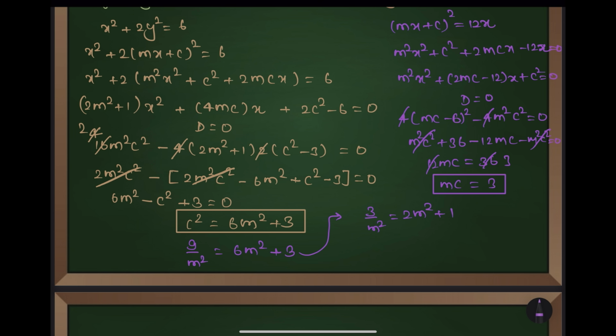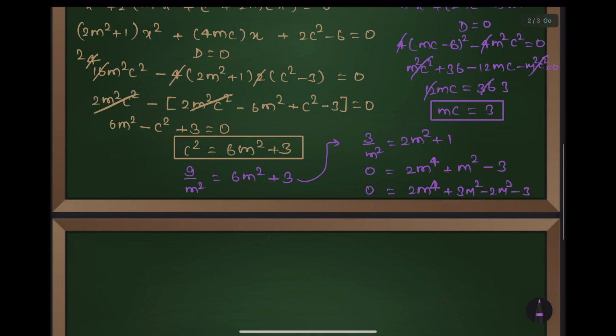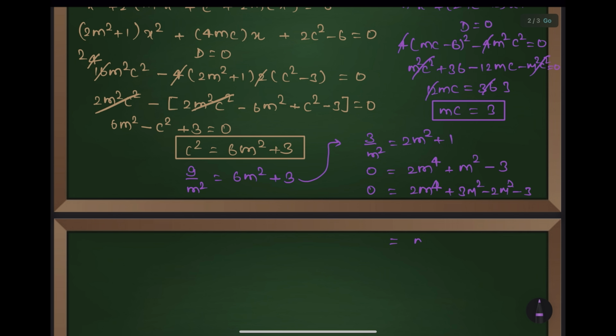I'll multiply both sides by m square, so it becomes 2m power 4 plus m square minus 3 equals 0. Factoring, we get (m square minus 1)(2m square plus 3) equals 0.